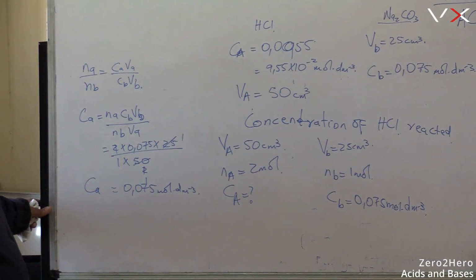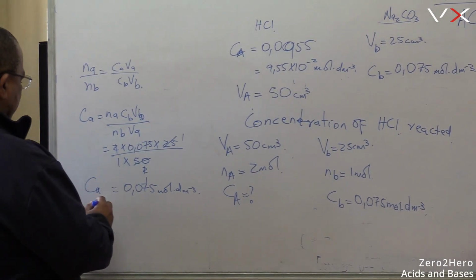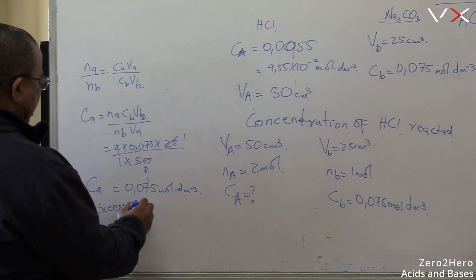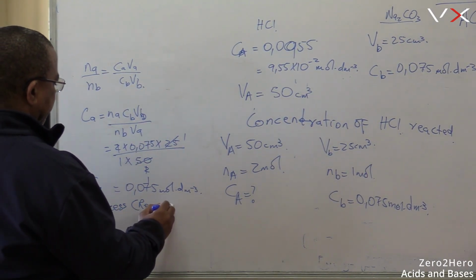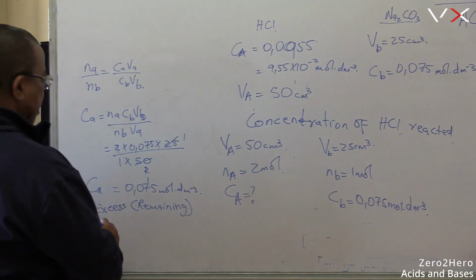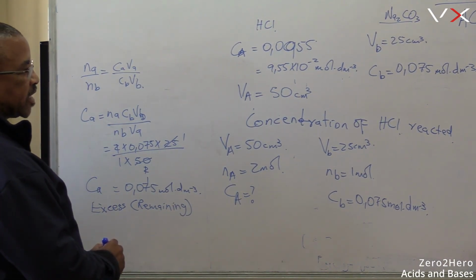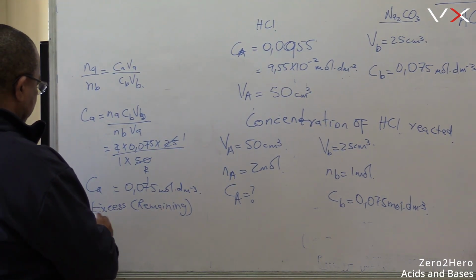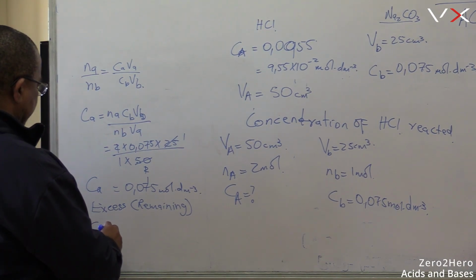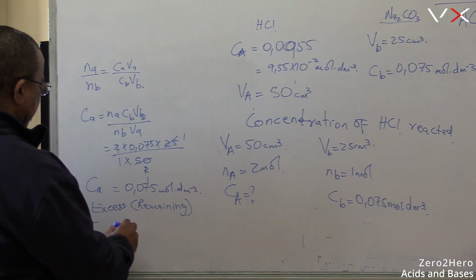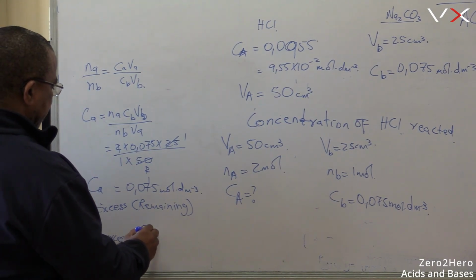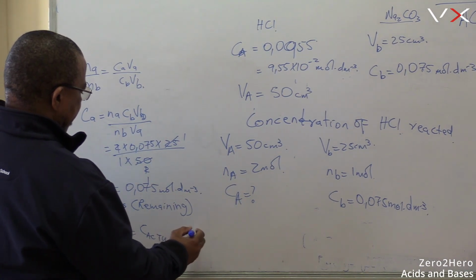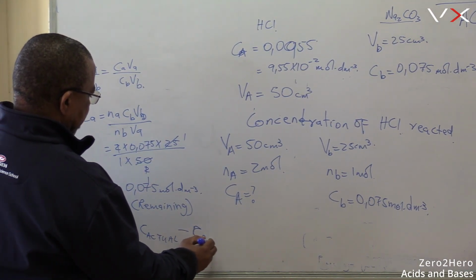Now the excess, how much do we have remaining? We want to calculate the concentration of excess. So the concentration of acid in excess is equal to the actual concentration minus the concentration that reacted.